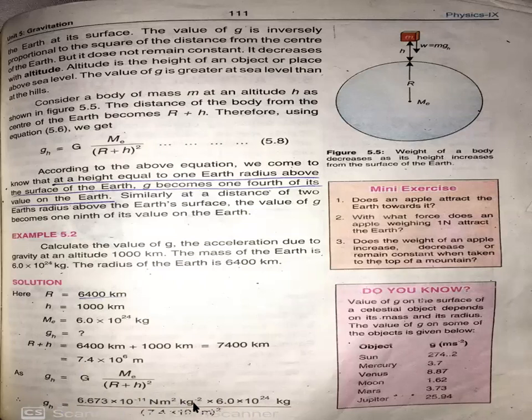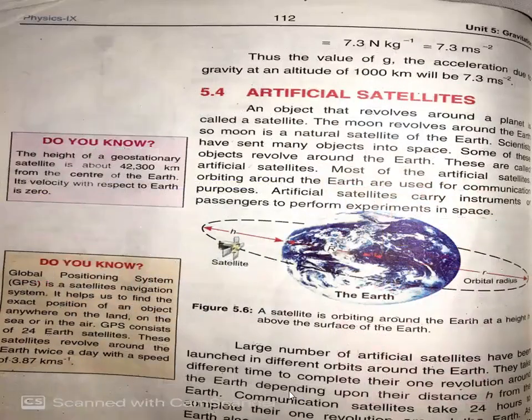Take the square of 7.4, and 10 to the power 6 squared is 10 to the power 12. If you solve this, you will get 7.3 Newton per kilogram.